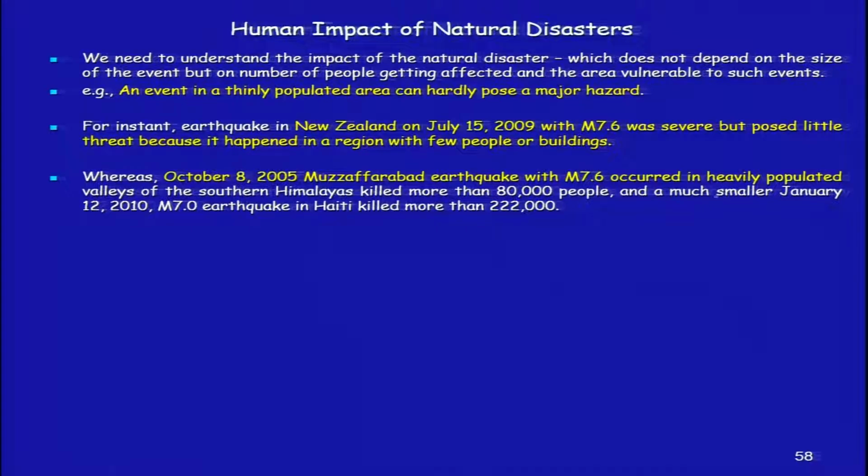And a much smaller January 2010 earthquake in Haiti, magnitude 7, killed more than 2,22,000 people. So, even though the magnitude of the 2010 Haiti earthquake was 7, and this one was 7.6, more people got killed.